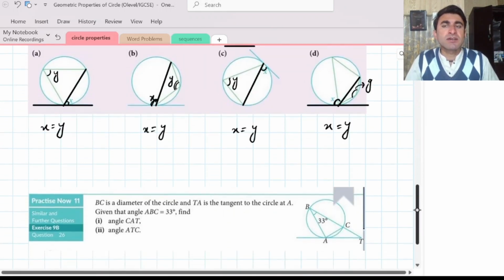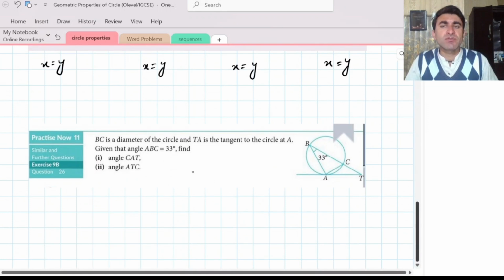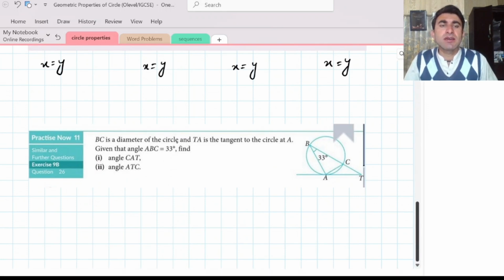Now coming to the practice now, question 11 from the book. It states BC is the diameter of the circle and TA is a tangent to the circle at A. We can see that TA is the tangent and BC is the diameter, while BCT is a straight line. Given that angle ABC is 33 degrees, we can locate it over here.